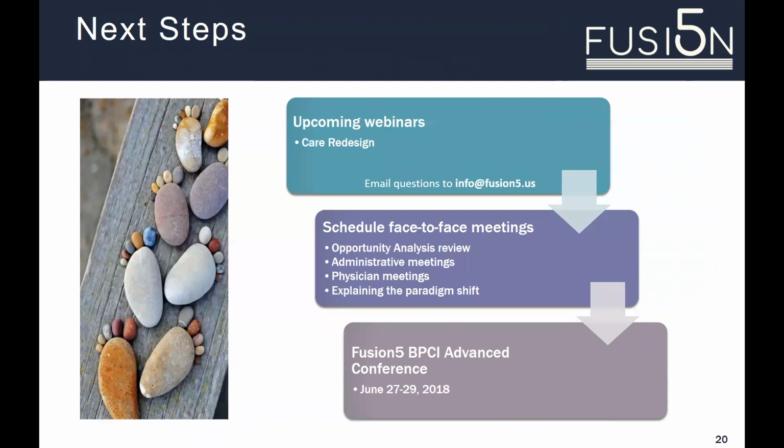We are out currently going through opportunity analysis reviews and having administrative meetings and physician meetings, really talking about the paradigm shift that is the transition from fee-for-service care to value-based care, and how we are helping partner with groups such as all of your orthopedic clinics to really move the needle and get care more towards value-based, and how we can bring that to your practice.